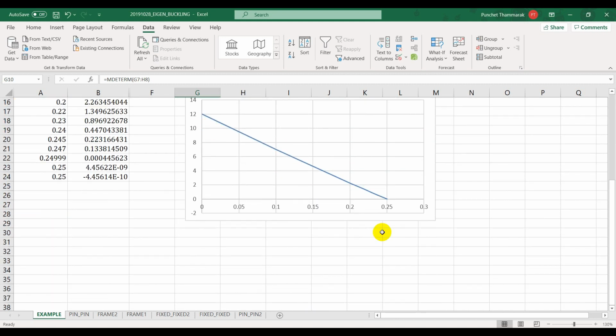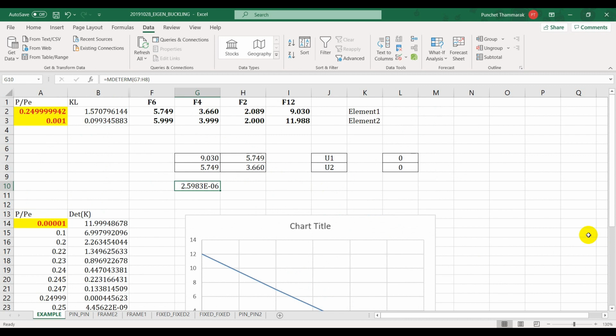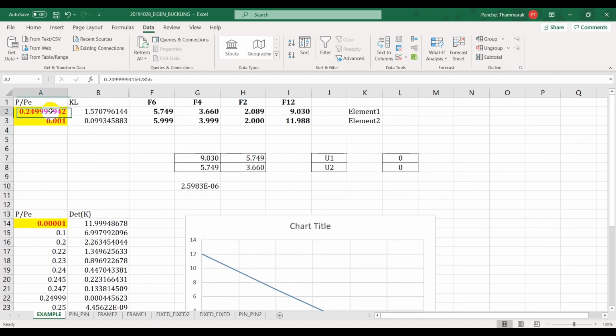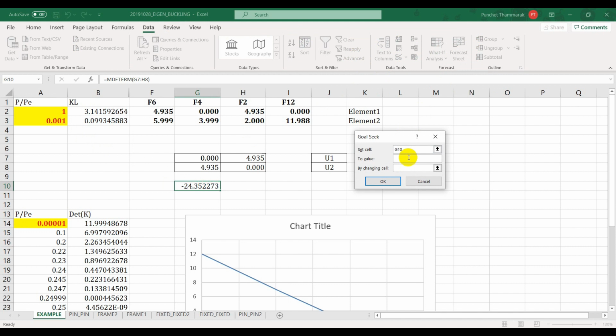But sometimes if you have more than one root, it picks up the second one, so let's try. Let's start with 1. Okay, and then we do the goal seek again. We need the 0 value by changing this cell.